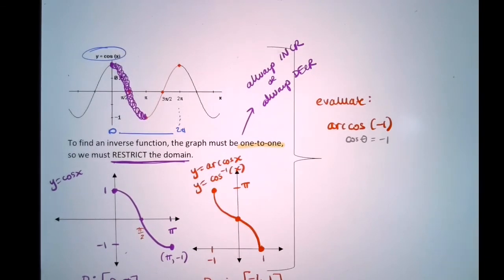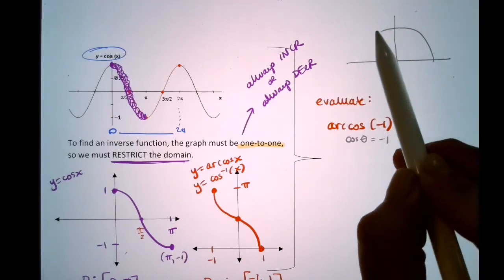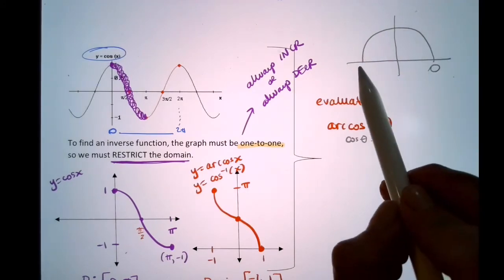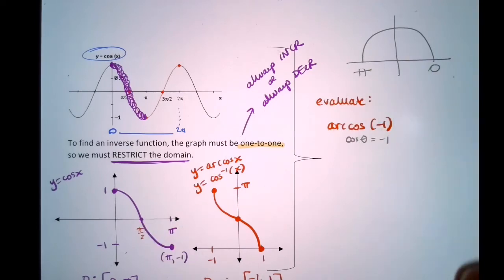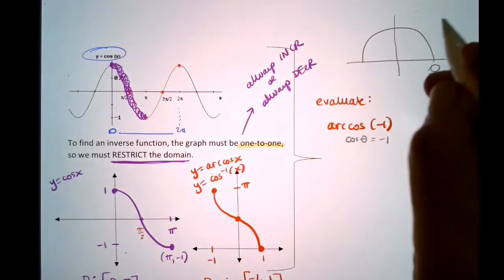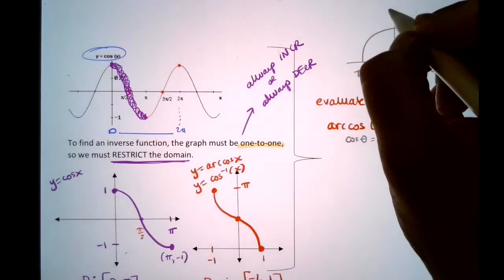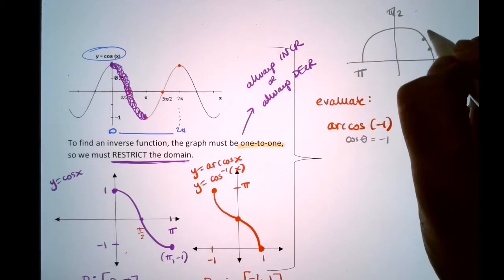So here's how I look at this. I think of the unit circle, because I learned the unit circle. I look at the top half of the unit circle, and I say, here are my range of allowable answers, angles, from 0 to pi. This is where pi over 2 is. You have some other cute angles in here. That's pi over 3.